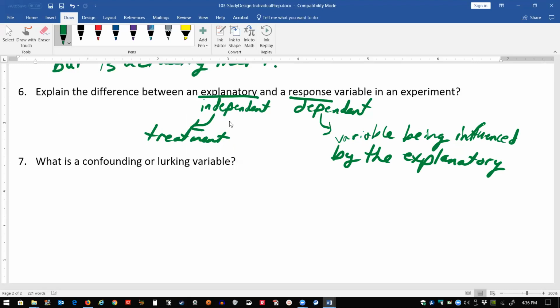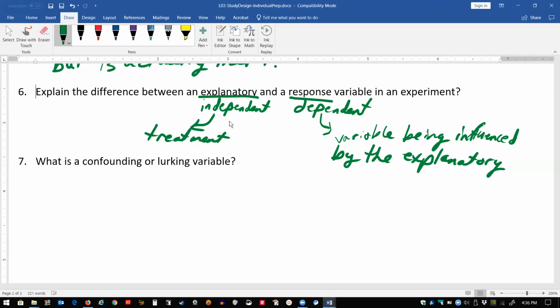The response variable responds to whatever the treatment was, responds to that explanatory variable, or the lack of response is also a thing, right? So again, the explanatory variable is your treatment. Whatever it is you're trying to find the effectiveness of or the influence of, the response variable is the one being influenced by that explanatory variable, by that treatment.